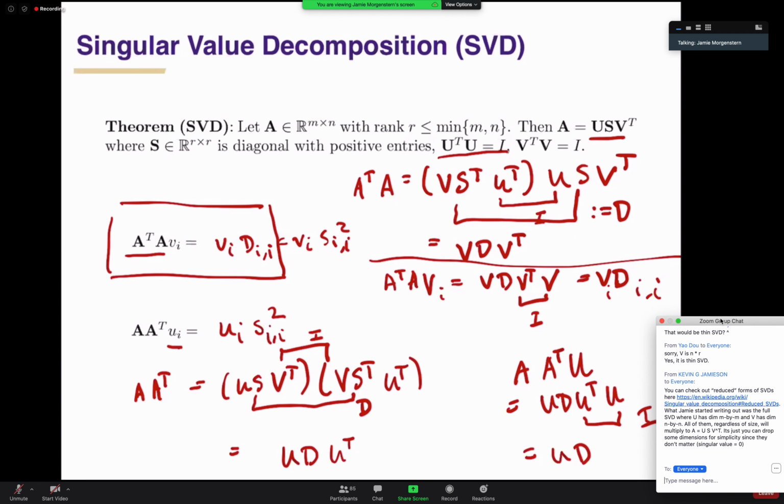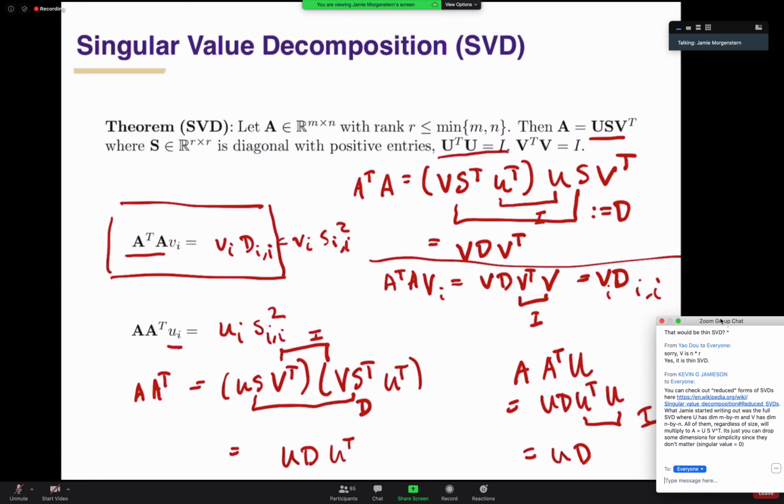X is an n by m matrix, and we definitely don't have to compute more than the min of m and n to get this projection, for a variety of reasons.